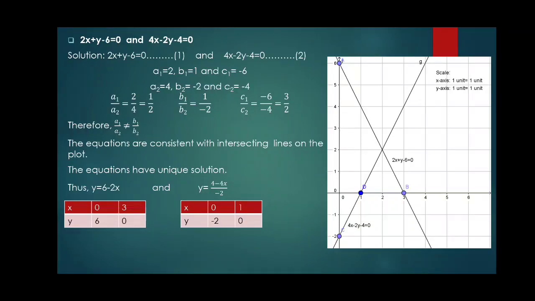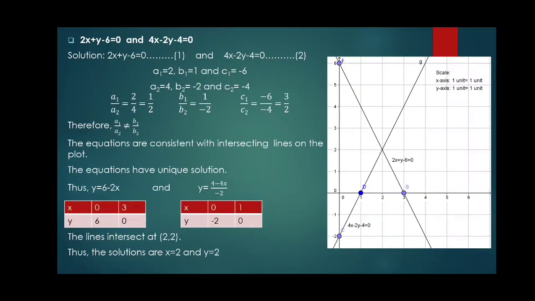These lines intersect. We obtained from the ratio analysis that these lines intersect, and from the graph you can see that the lines actually do intersect, at the point 2 comma 2. So therefore x is equal to 2 and y is equal to 2 are the solutions for the given set of equations.